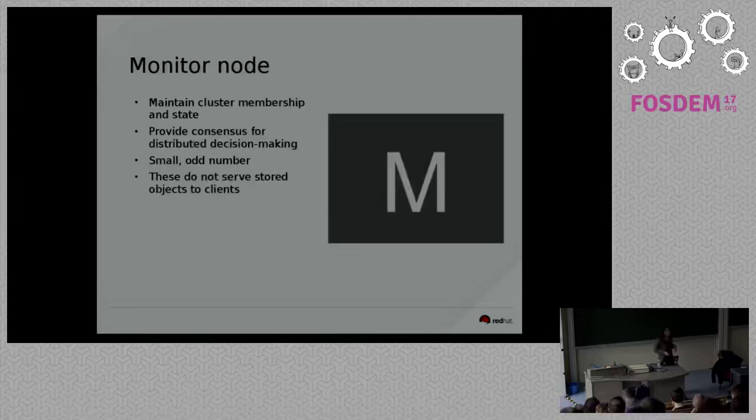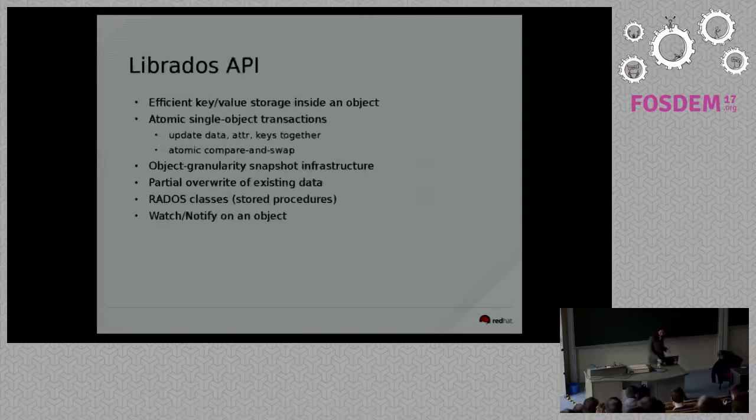And when you add an OSD, it's the same way. We have a small odd number of those nodes, 3, 5, and so on. They do use Paxos. It doesn't store any data of the users. It's just for the cluster membership data.